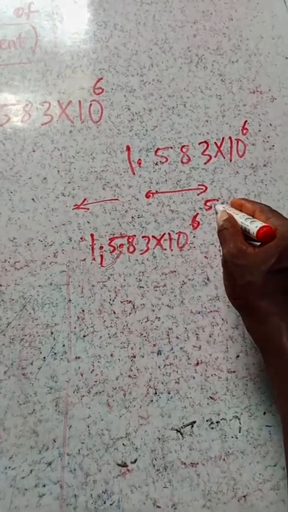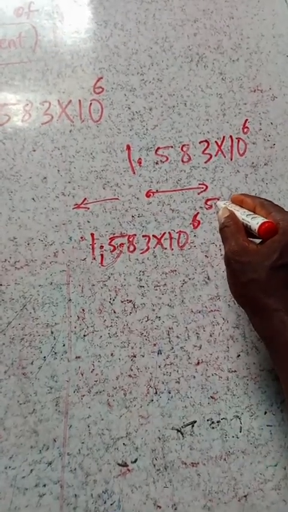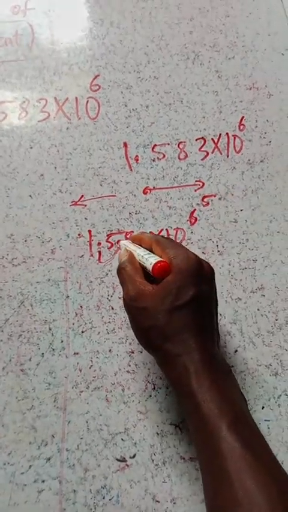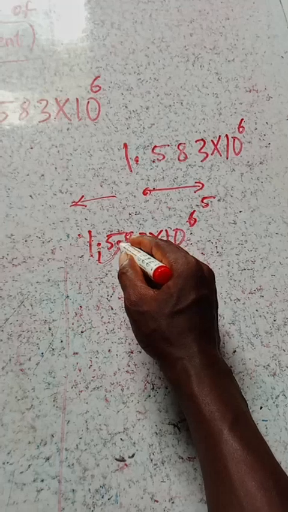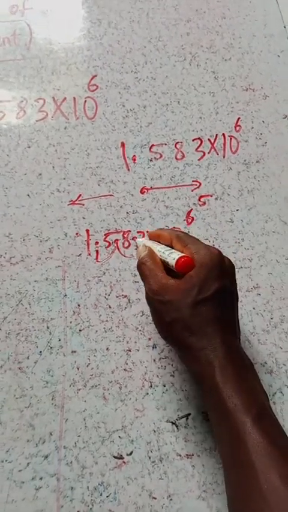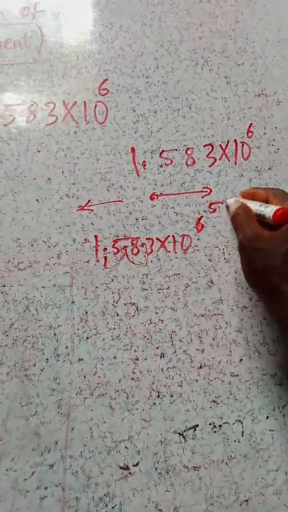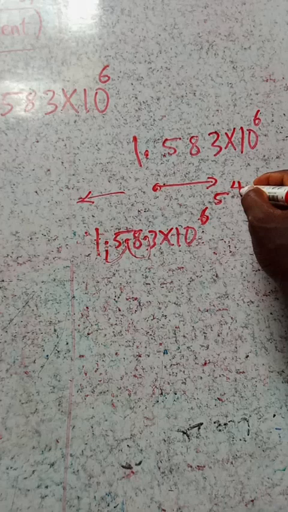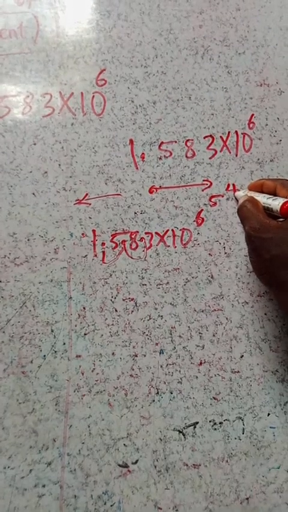Meanwhile, our target is to get power 4. So if we take this decimal point from this point to this other point, our power will reduce to 4.